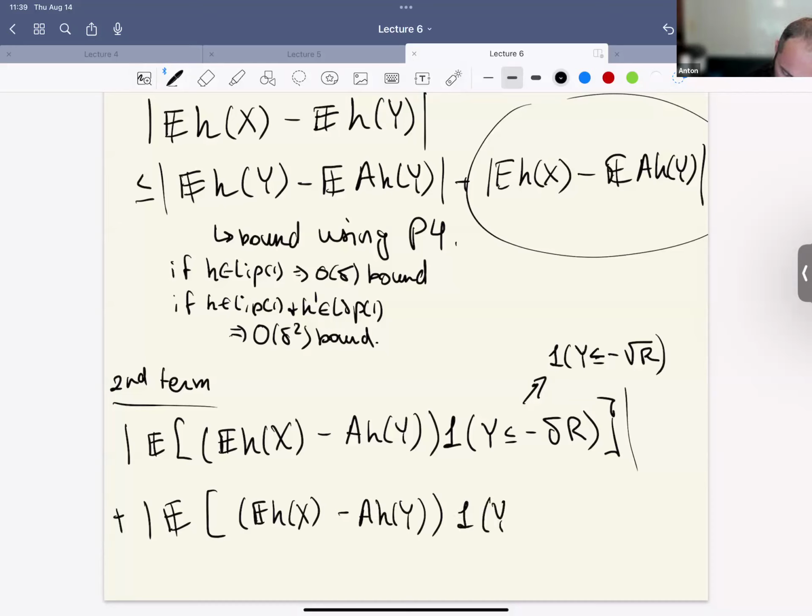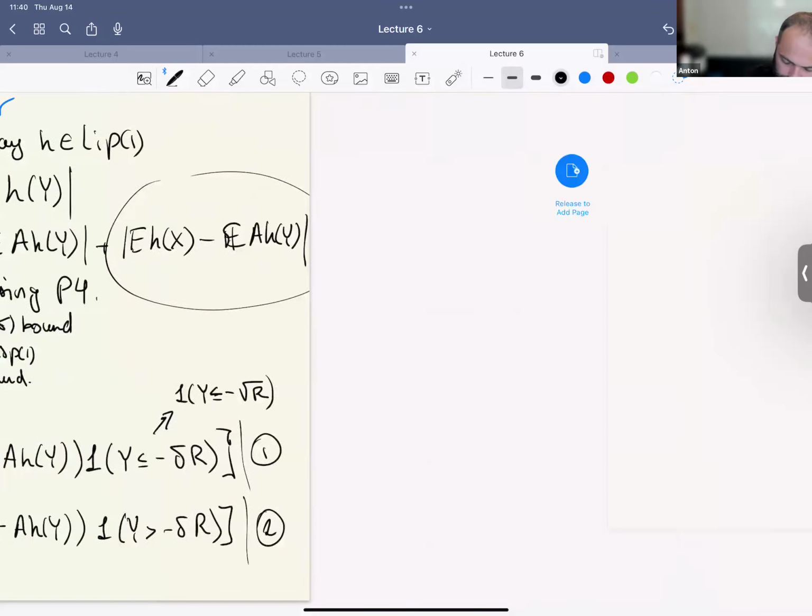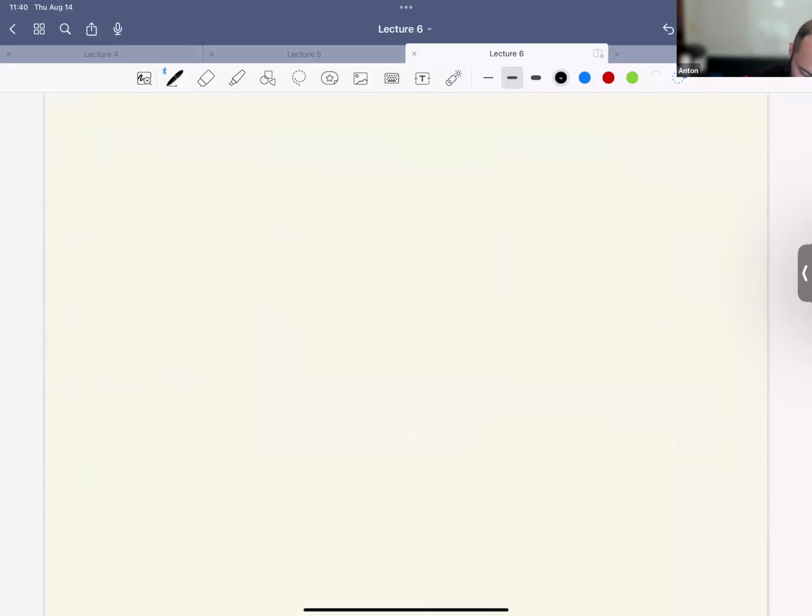And this is the one we can do something about. Okay, so this is term number 1, term number 2. Okay, so let's see for term number 1. Yeah, we got just enough time.